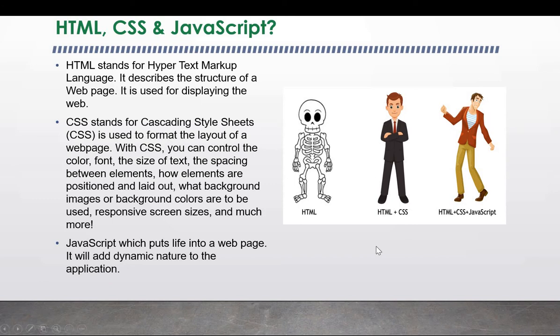You can see CSS brings color to your skeleton, to your HTML website. Whatever font you are going to use, what your background color is going to be, what your image color is going to be, all those things are done by CSS. So CSS gives a better, colorful look to your skeleton or your web application.